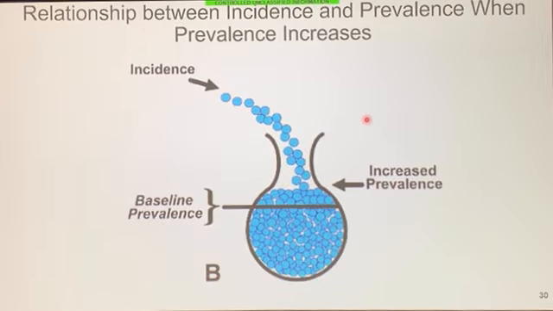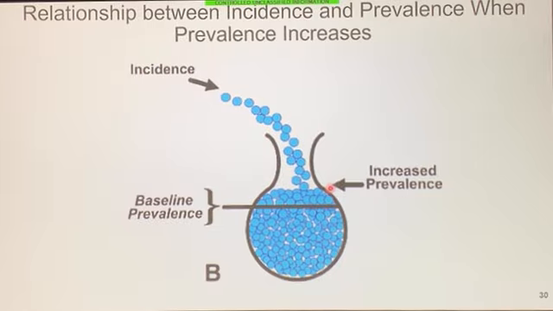So prevalence and incidence can change. You have baseline prevalence of a disease. If there's a high morbidity of that disease, meaning that people stay sick longer and there's no cure or they don't die, then incidence will increase the prevalence.